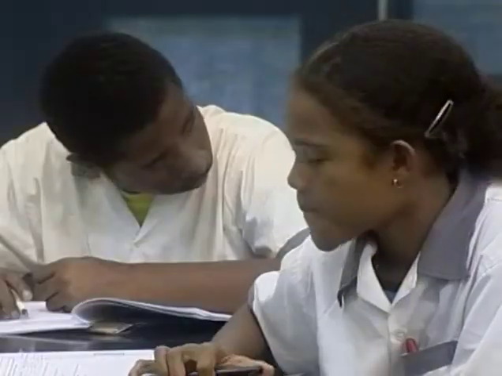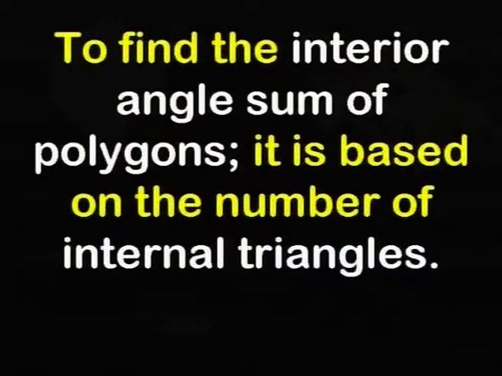Now, class, to find the interior angle sum of a polygon, it is based on the number of internal triangles. Again, to find the interior angle sum of any polygon, it depends on the number of triangles in that polygon.